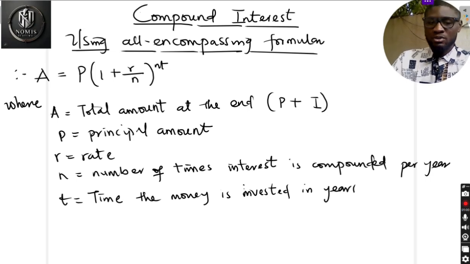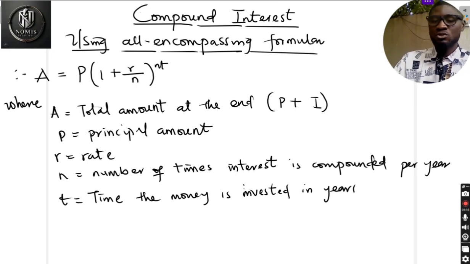While P, the principal amount, is still the first amount of money that is invested or deposited or borrowed, whatever the case is. And then R is the rate at which the interest is compounded.